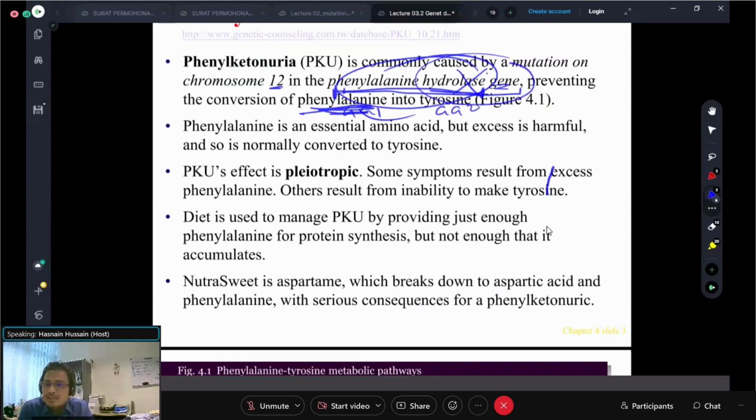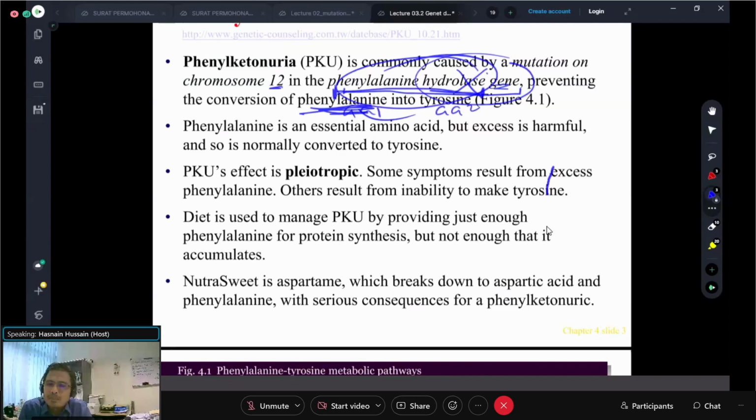Some symptoms result from excess of phenylalanine because it is unable to be converted into tyrosine, and others result from inability to make tyrosine. So in some people, because phenylalanine cannot be converted into tyrosine, the accumulation of phenylalanine is the one that causes the symptoms.